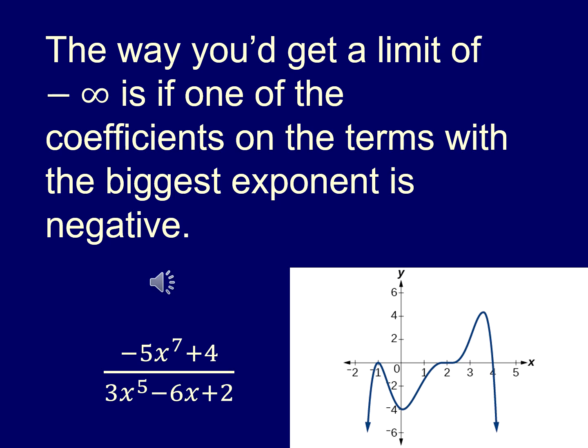The fact that 7 is bigger than 5 tells me this is going to be infinity, and the fact that it's negative on that term on top tells me it's going to be negative infinity. Now, this is not the function that's graphed in the picture, but the idea of a limit of negative infinity is it's going to go down to the bottom when you go to the end of the graph.